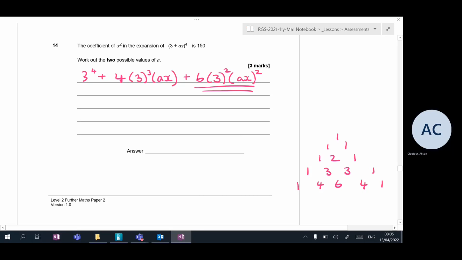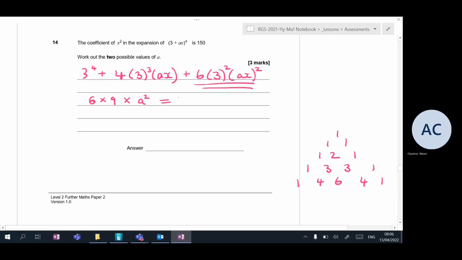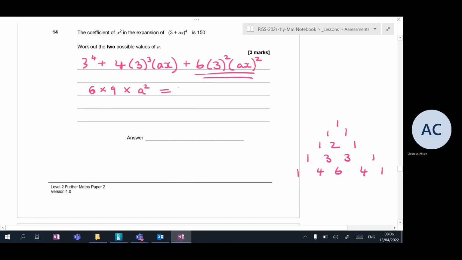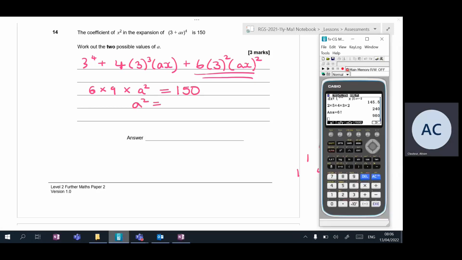So we've got 6 times 3 squared, which is 9. And then all of ax is squared, so it's a squared and then x squared. So we know this is going to give me 150. Okay. So a squared is going to be 150 divided by 6 times 9.